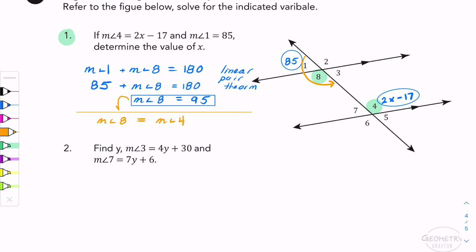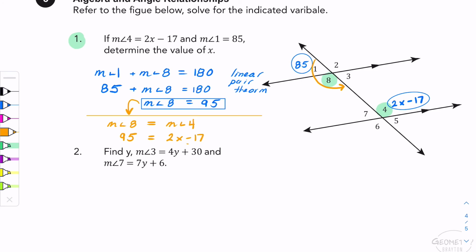The measure of angle 8 is equal to 95, and the measure of angle 4 is 2x minus 17. When we add 17 to both sides, we know that 112 is equal to 2x. Divide both sides by 2, and x is equal to 56.